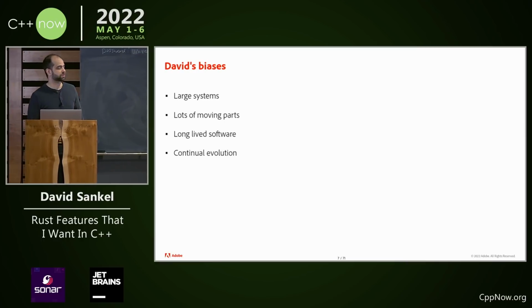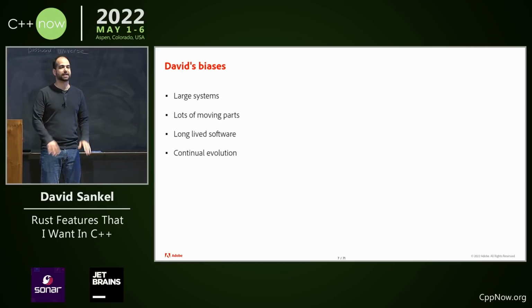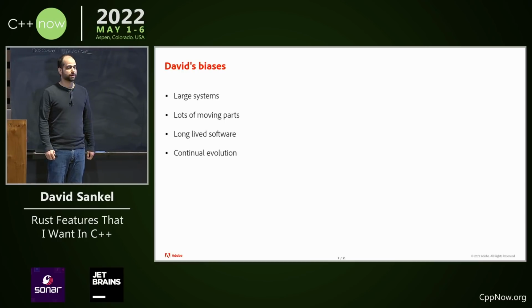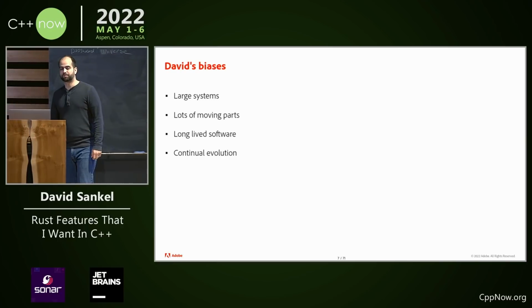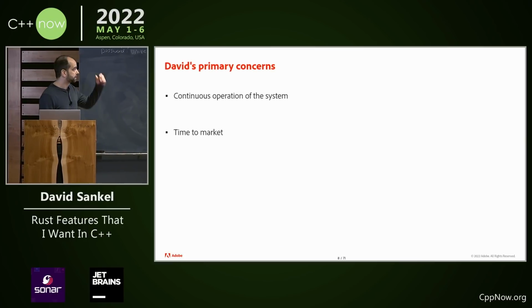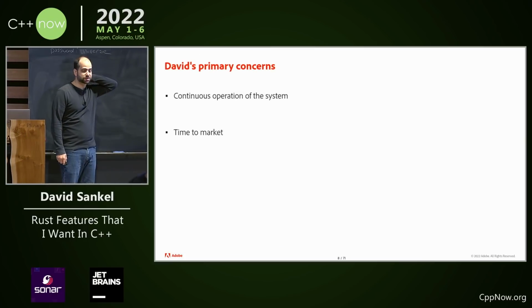And these systems undergo continual evolution. New features are being added. They're not systems that are just in maintenance mode where you kind of chill. No, there are constantly things that need to be done to these systems in order to keep their market share, increase market share, that kind of stuff. So these are my biases, and my primary concerns are, first one, the continuous operation of the system.